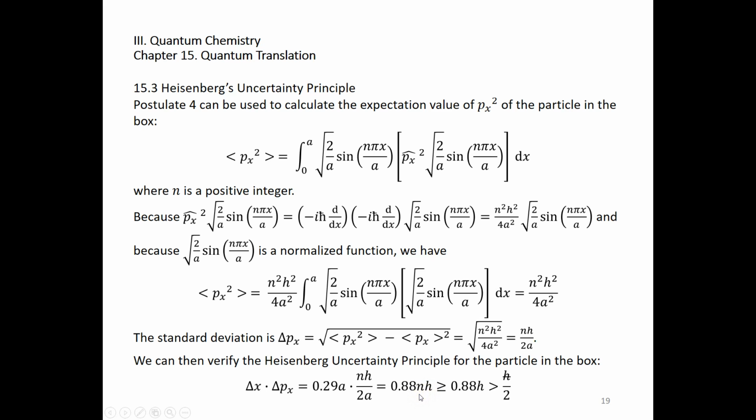And because the minimum value of n is 1, this is greater than or equal to 0.88 h bar, which is greater than 1/2 h bar. And this delta x times delta px is proven to be greater than 1/2 h bar in accordance to Heisenberg's uncertainty principle.